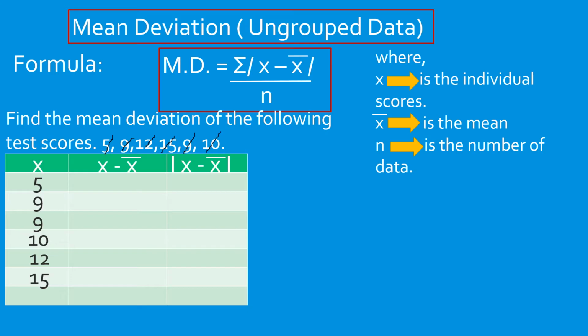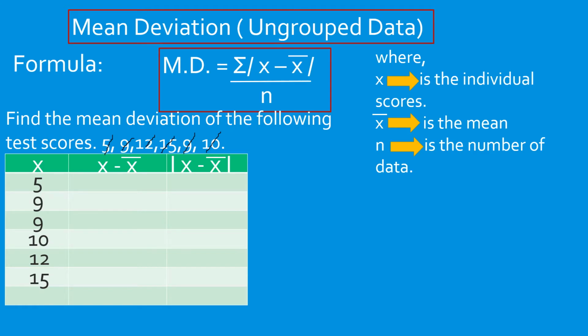Now we need to get the deviation from the mean. It means X minus the mean, but we don't have the mean yet. So we need to get the mean of these scores. You know already how to get the mean.